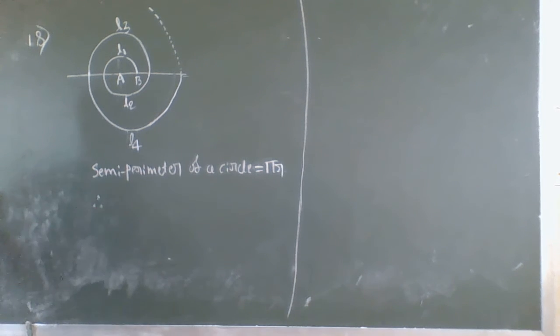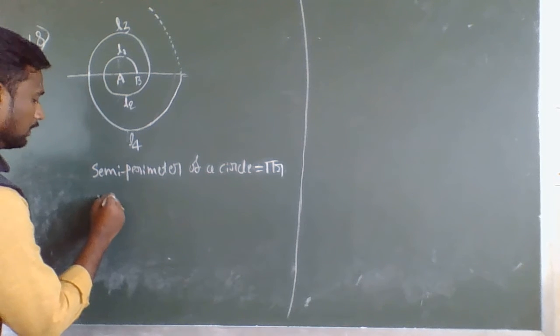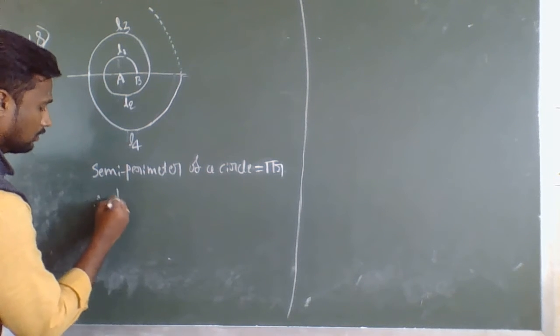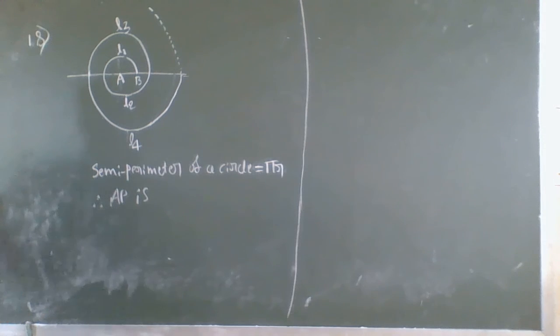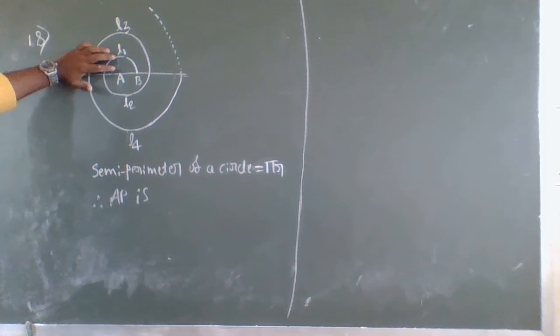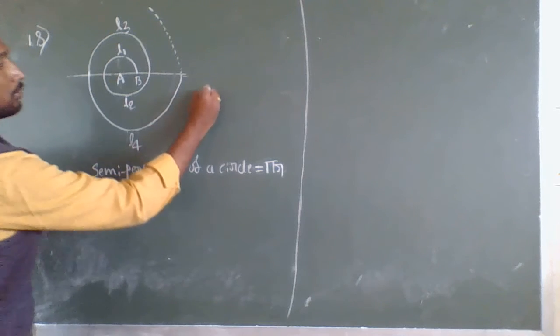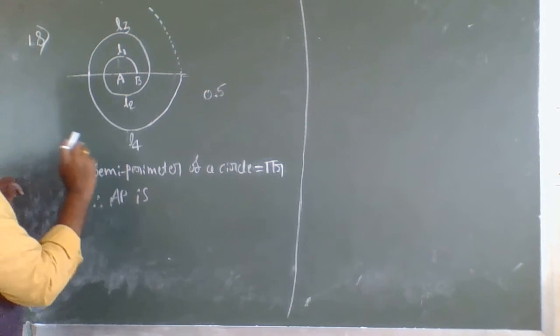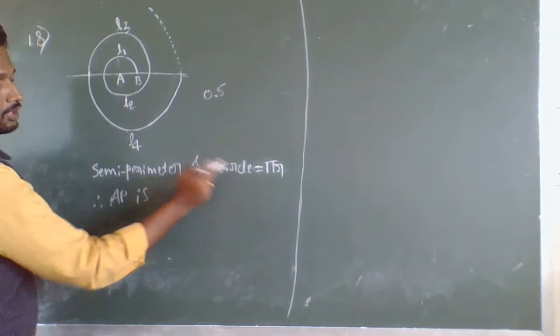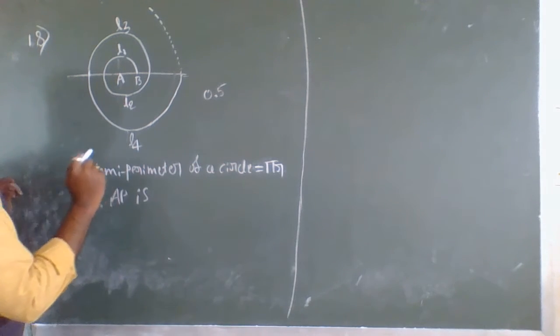Therefore, by observing this, we can write the AP. The radius of the first semicircle is 0.5, and the semi-perimeter of a circle is pi r.